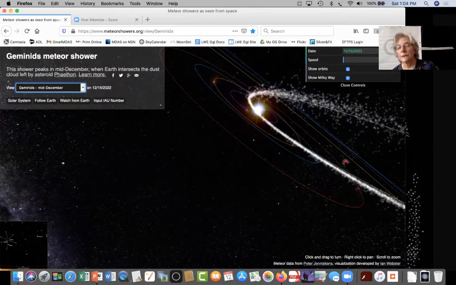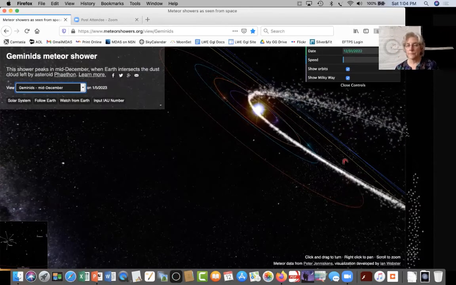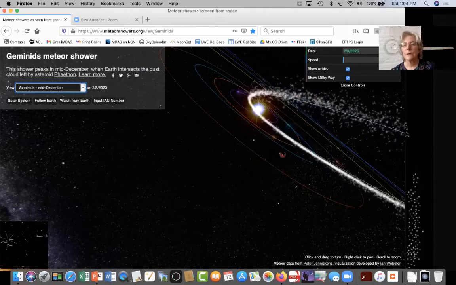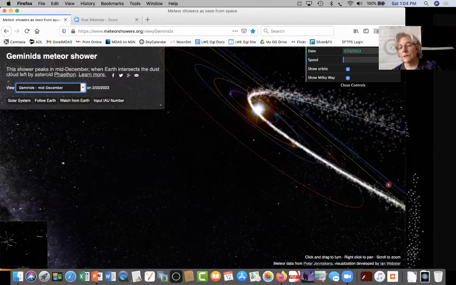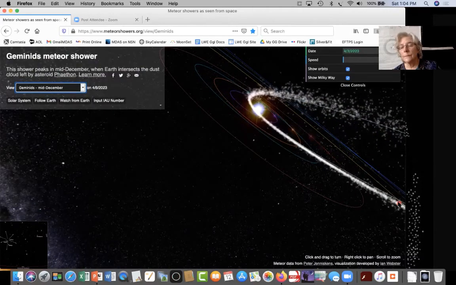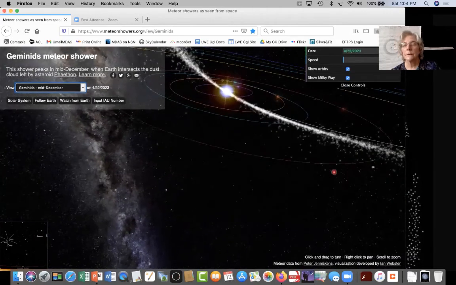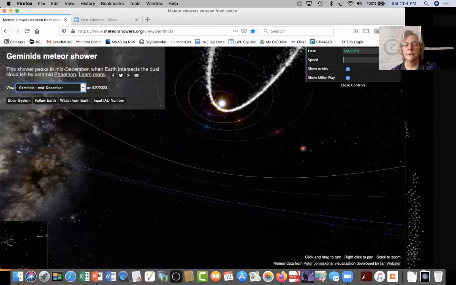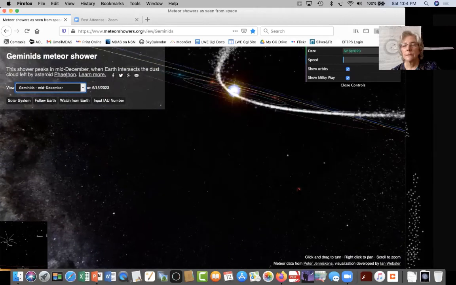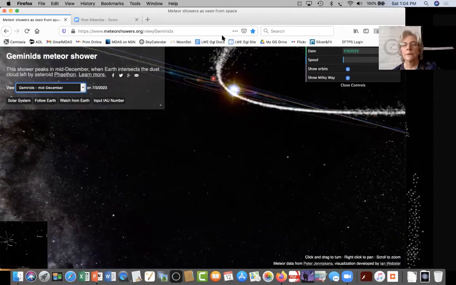Bang, there it goes, and out the other side. So this is an illustration of, see, now the asteroid comes in this way and then goes back out that direction.